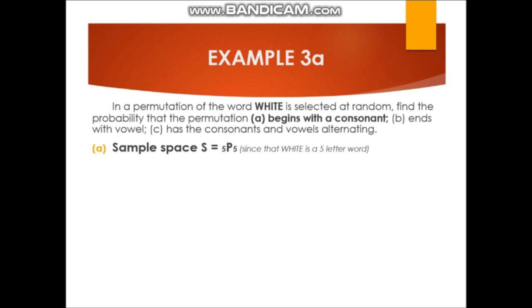In this case, 5P5 is equivalent to 5 factorial, and 5 factorial is equivalent to 5, 4, 3, 2, and 1 with a total of 120 ways. Ibig sabihin, 120 arrangement pala ang mabubuo natin once na pinagpalit-palit natin ng pwesto yung word na white.